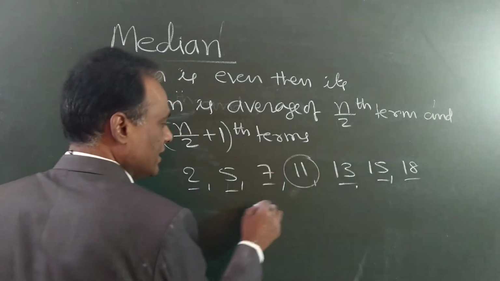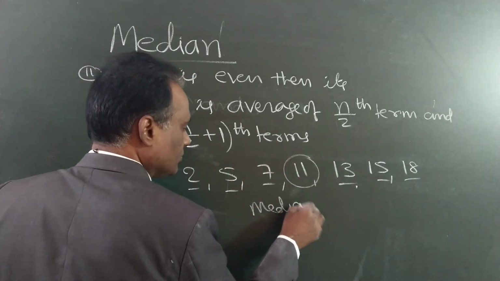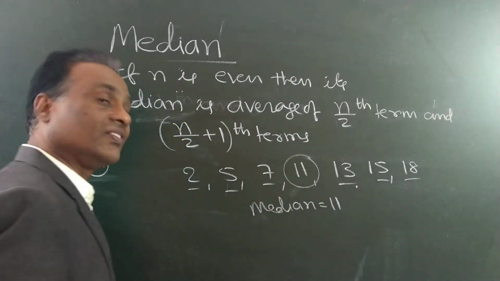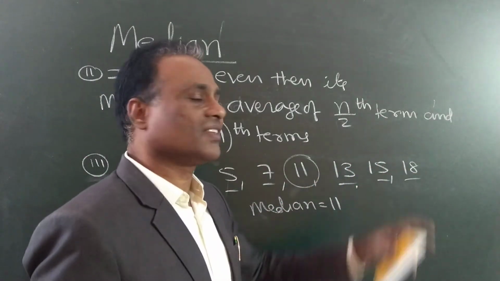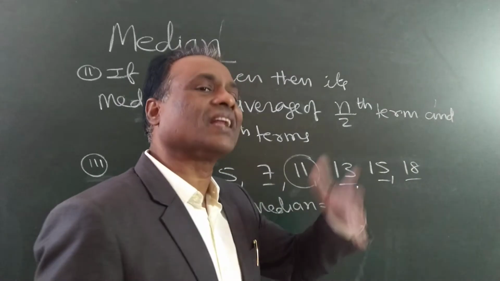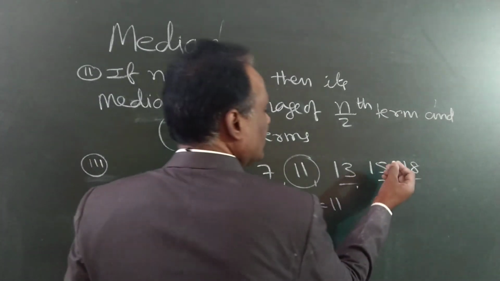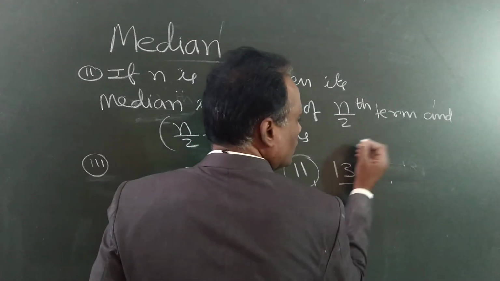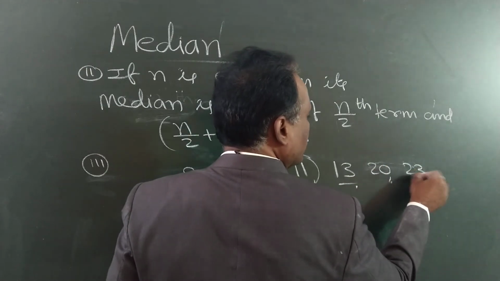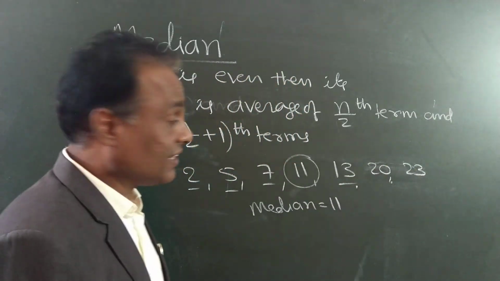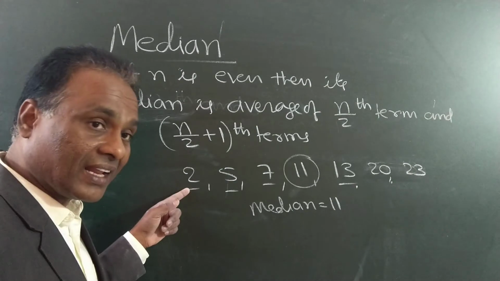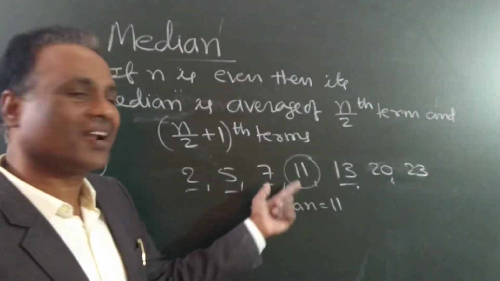This is the median, 11. Suppose the last two numbers are increased. Suppose 5 is added to both. This is becoming 20, this is becoming 23. If 5 is added, then what is the median of this data? Same. Middle only is called median.